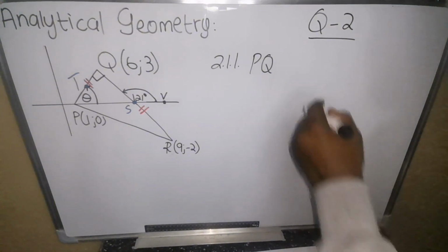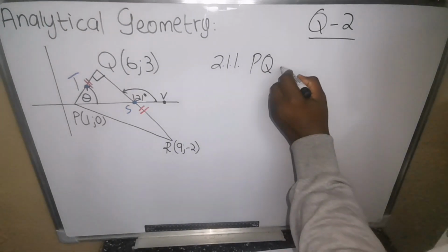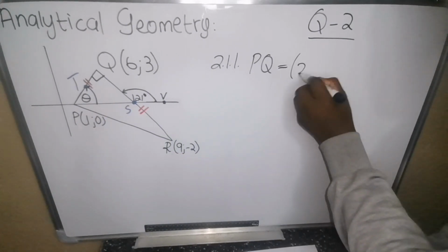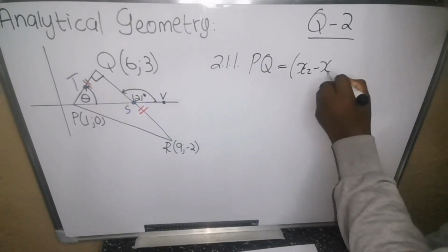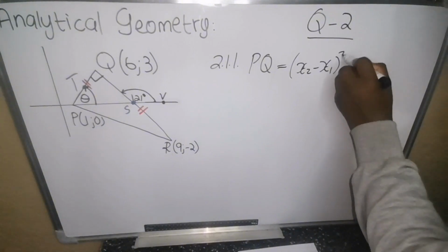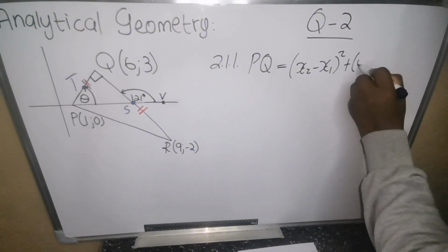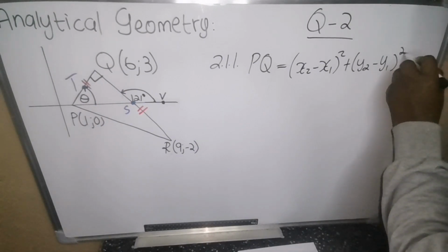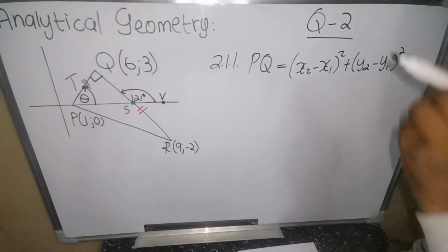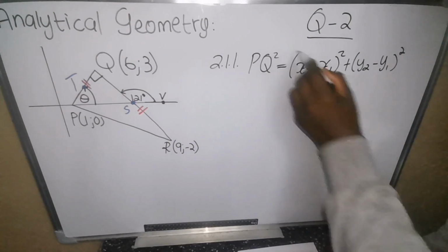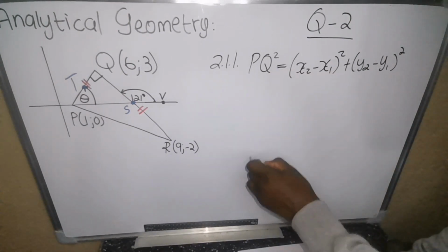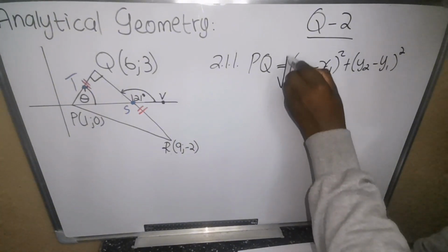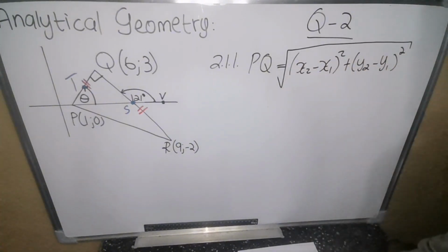It says that if you want the length of PQ, PQ is equal to the square root of, open a bracket, x2 minus x1, close bracket, squared, plus y2 minus y1, close bracket, squared. You either put the square here and at the end introduce the square root, or you already put the square root here to find the final answer straight.